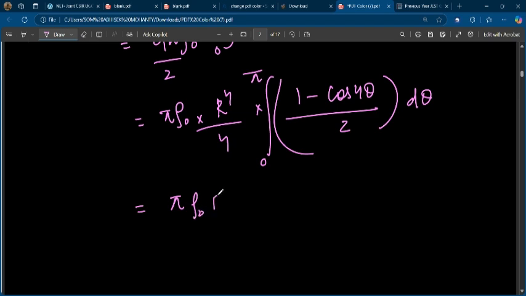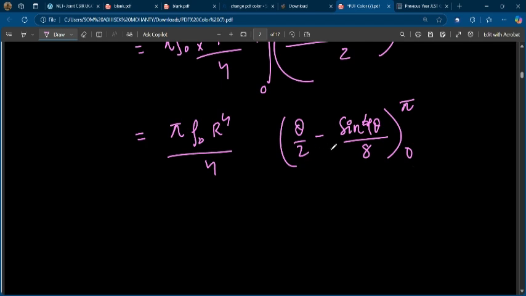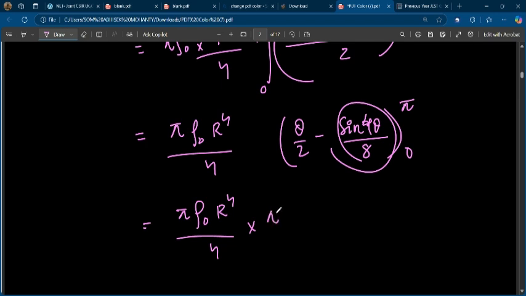It won't become 0. r fourth by 4 into theta by 2 minus sine 4 theta by 8, from 0 to pi. That is the limit. So this becomes 0, but this is still there. So pi rho naught r fourth divided by 4 into pi by 2.